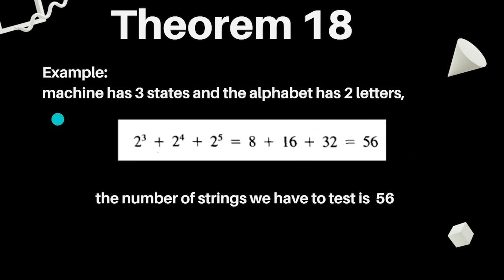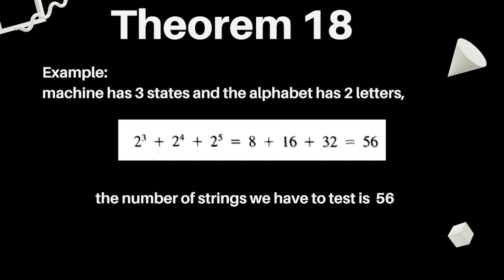For this problem, we will need to test 56 strings. Based on what I've said, if any of those 56 strings are accepted, then the language is considered infinite. And if none, then the language is considered finite.